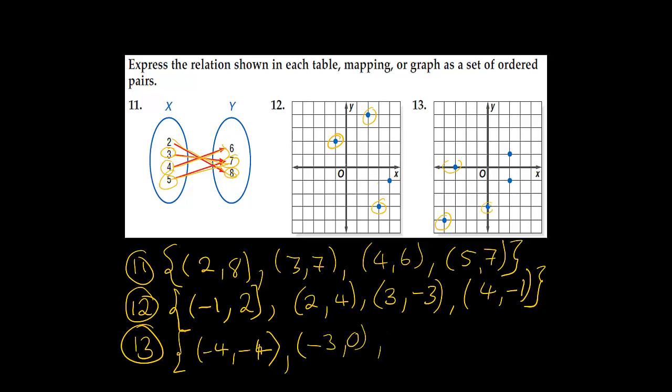Third point, x is 0 and y is minus 1, 2, 3, minus 3. And my fourth point, x is positive 2, y is minus 1. And my last point, x is positive 2, y is positive 1. Close curly brackets.